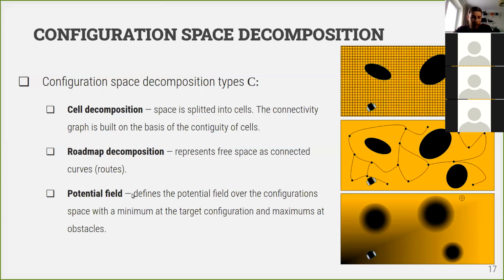And there is a third type, which is called potential fields. This is also a big class of methods, a big family of methods. We define a potential field over the configuration space with a minimum at the target configuration. Imagine this cross is our target configuration, so we will have a minimum potential here and maximum potentials in obstacles.